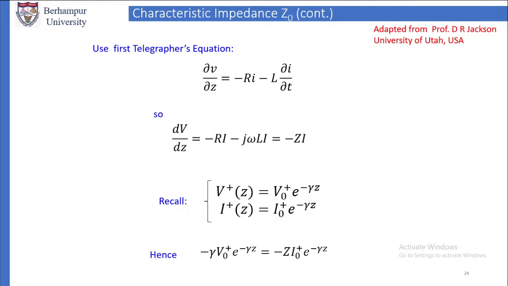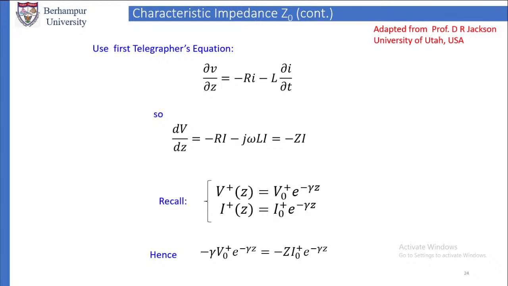Now let us use the first telegrapher's equations, which is ∂V/∂z is equal to minus Ri minus L ∂I/∂t. And using exponential j omega t for ∂/∂t, this expression becomes dV/dz is equal to minus RI minus j omega LI.